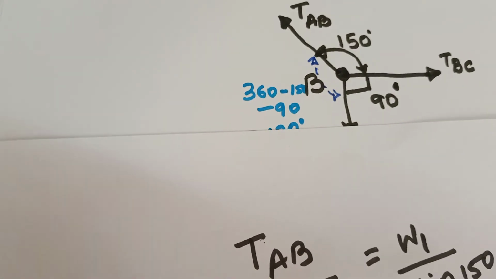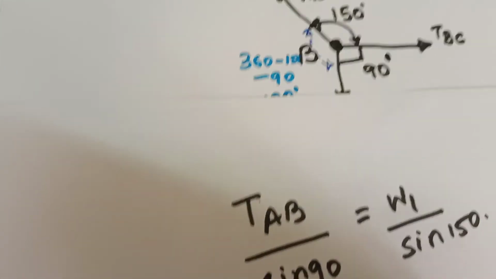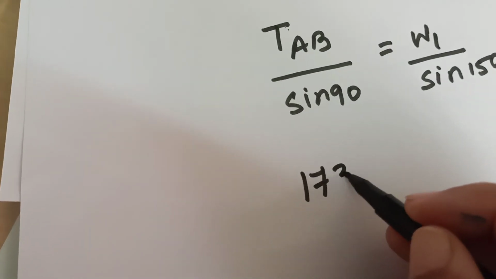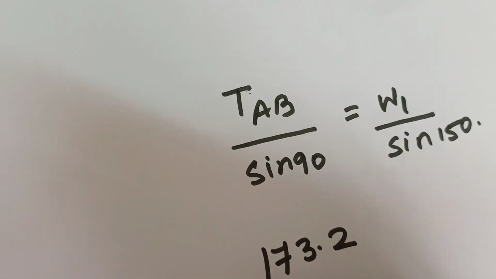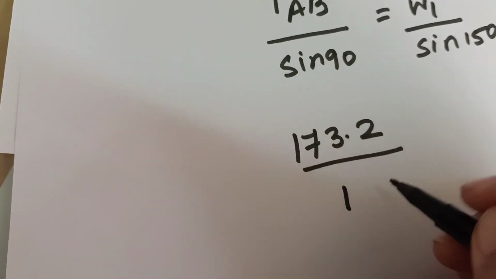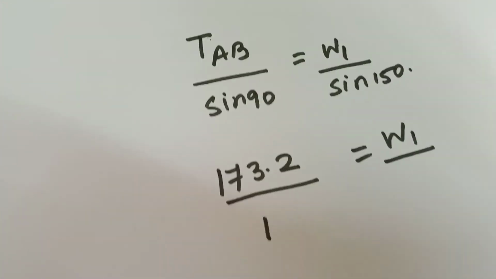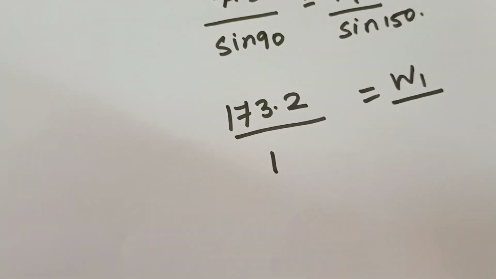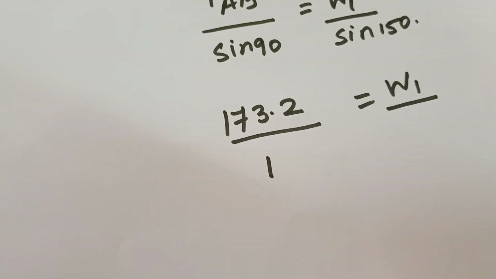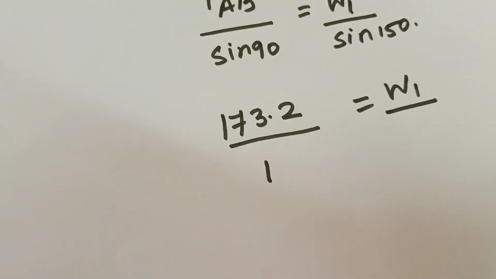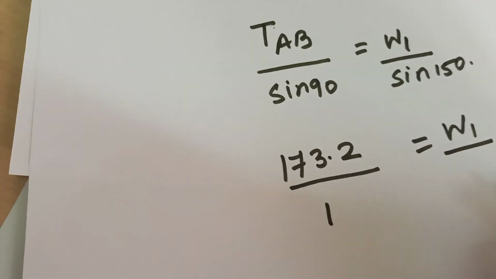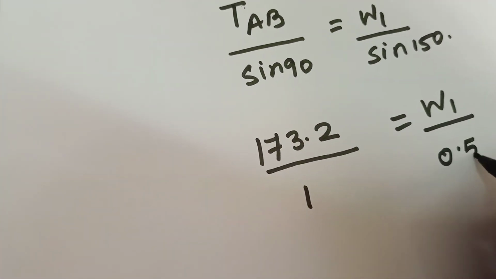TAB we have calculated as 173.2 divided by sine 90, which is 1, that is equal to W1 upon sine 150. What is sine 150? Sine 150 is 0.5.